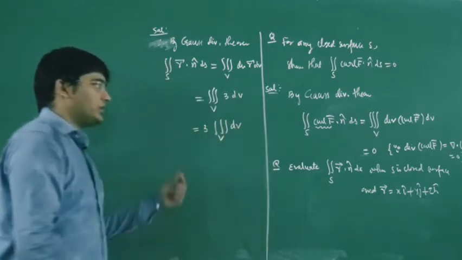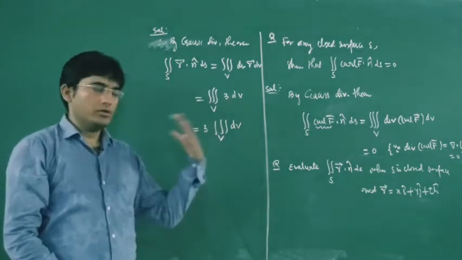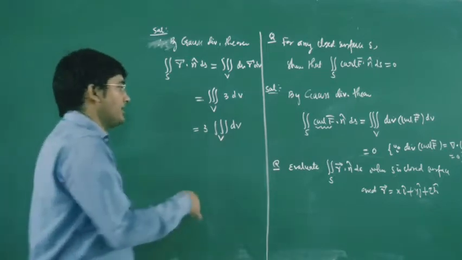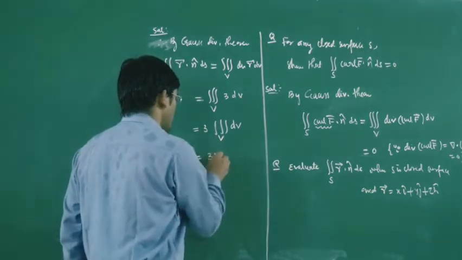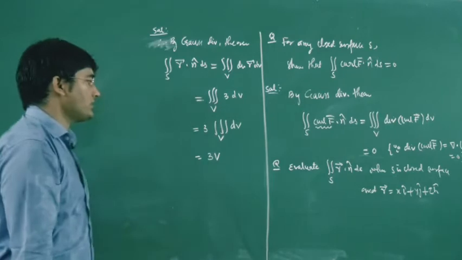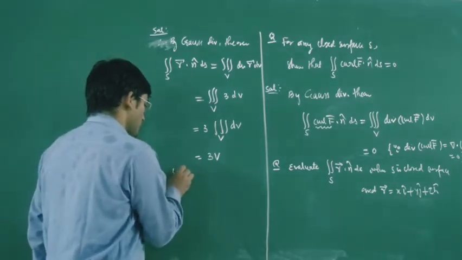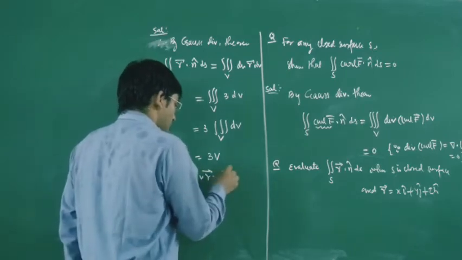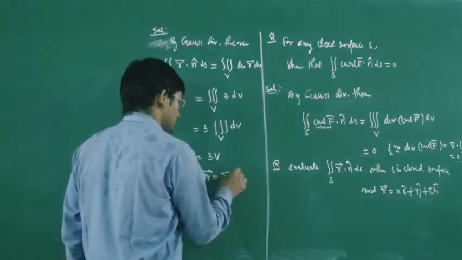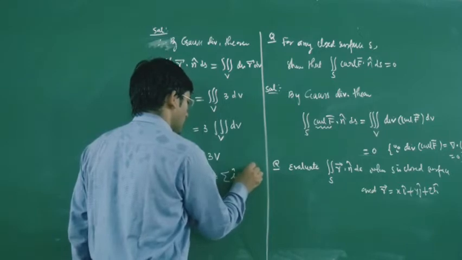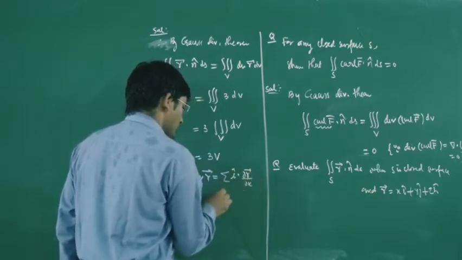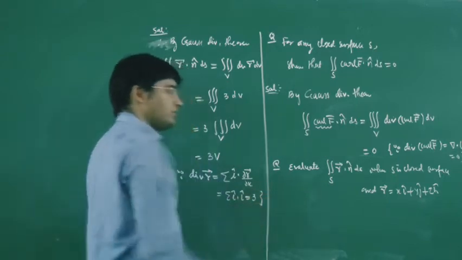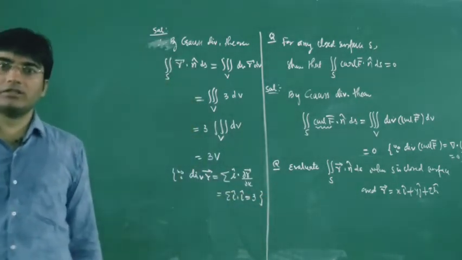Now, this dv will be the volume of the region bounded by this closed surface, and say it is V. So, this is equal to 3 times V. So, your answer is 3V, because divergence of r means i dot del r upon del x, and del r upon del x is i. So, we have i dot i plus j dot j plus k dot k. So, it is equal to 3.